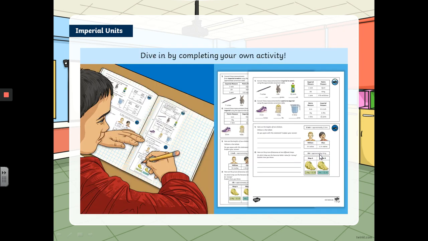All right. Now, this is your own activity, children. You need to dive into your own activities, and I will put these activities up as an attachment for you to print. If you don't have a printer, directly do it in your notebooks, not a problem. Once it is done, put it up on your portfolio for me to give feedback.